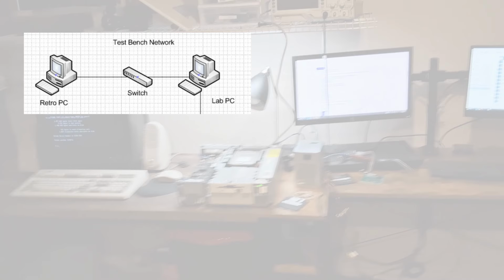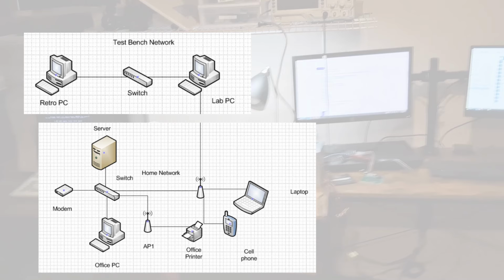I'm going to make a separate network just for my test bench. And it's going to be physically separated from my home network because old computers have unpatched security vulnerabilities. So I'm isolating them from the internet and the rest of my devices. In this setup, my lab PC is going to be sort of the man in the middle of those two networks.